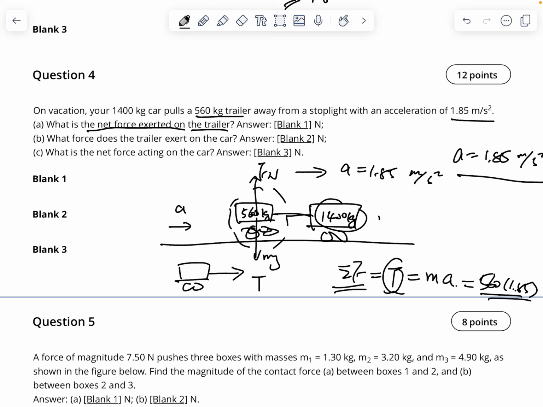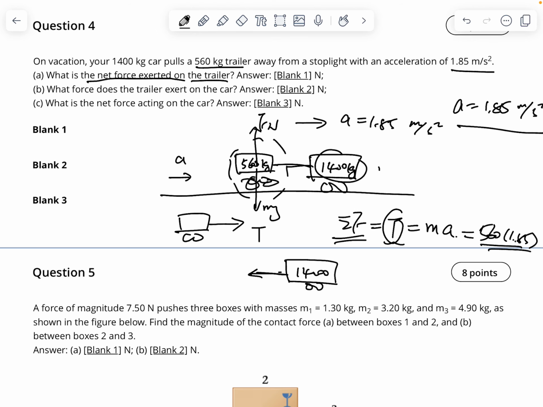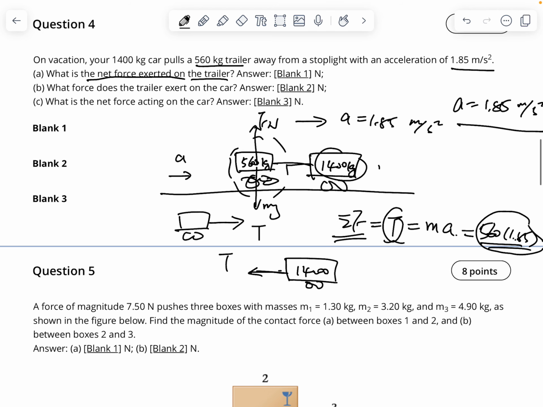Meanwhile, the trailer, through the tension, through the string, puts the same amount of force on the car. What is the net force acting on the car? Let's look at this car.